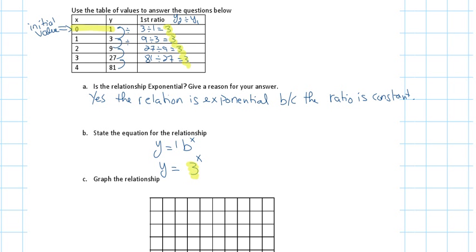So my equation is y equals, my initial value is 1, so I don't have to include it. It will be y equals 3 to the power of x. Do you guys get this?